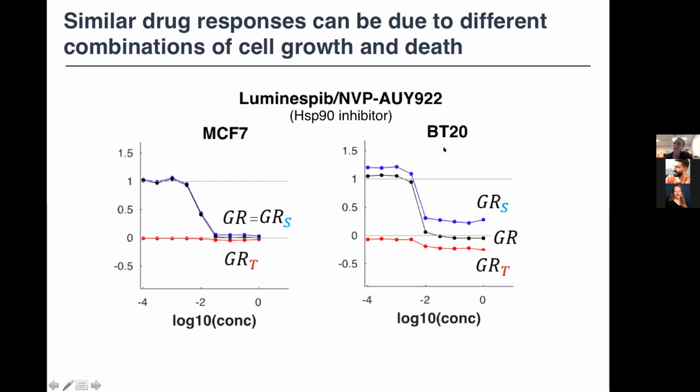Whereas if you look at BT20 cells, you actually see that the cytostatic curve kind of tapers off at a certain point, and at doses right around that inflection point, we see some toxicity. And so it's a combination of cell death and probably slowly proliferating cells that results in a net effect of no cell gain, no cell loss, with increasing concentrations of the inhibitor.